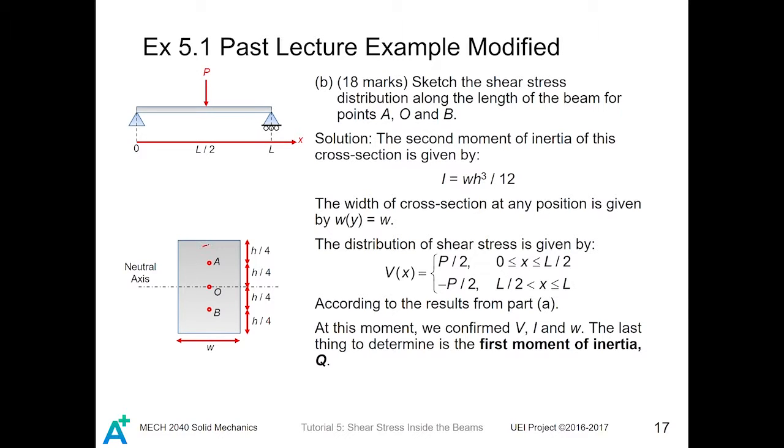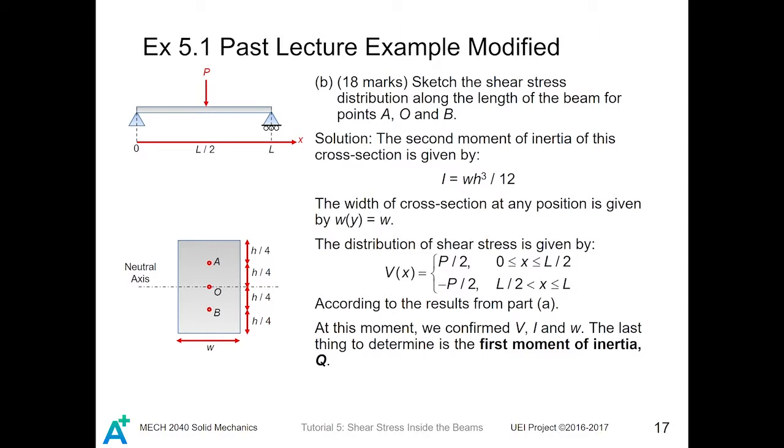Next, you are required to sketch the shear stress distribution for those 3 points. The second moment of inertia of this cross-section is very easy to compute, as we computed it many times in the previous tutorials. It is given by the width times the height cubed divided by 12. The width of the cross-section at any position is W, because it is a rectangular beam, so the width is uniform across the vertical direction.